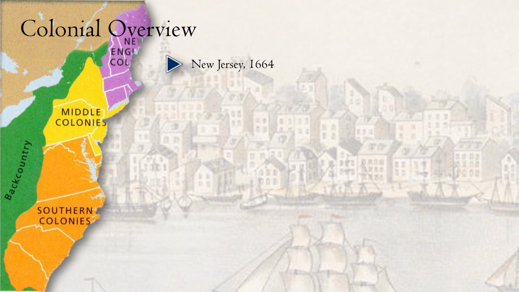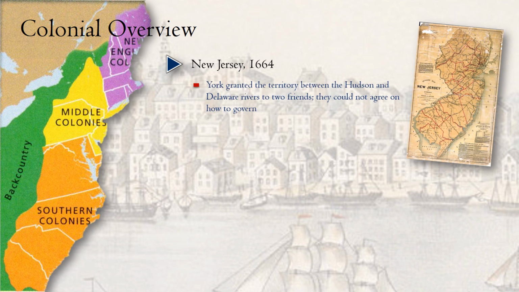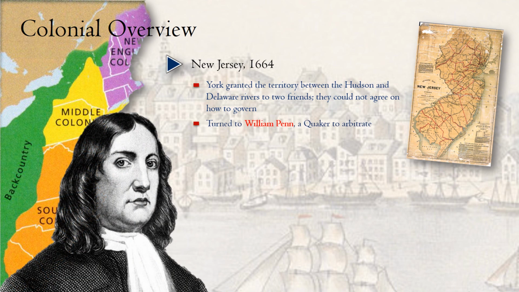New Jersey is founded in 1664. That's because the Duke of York, after whom New York is named, granted the territory between the Hudson and Delaware rivers to two of his friends, and these two friends could not agree on how to govern. So they turned to a Quaker, which is a religious order, a Quaker named William Penn, to arbitrate.